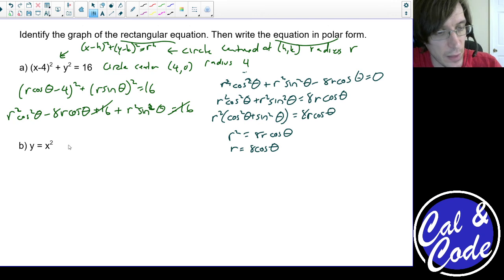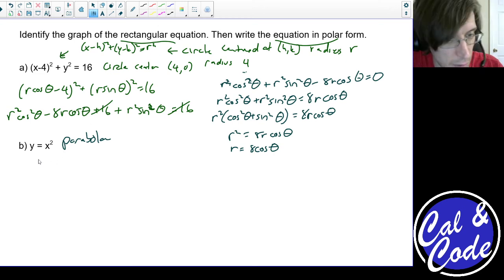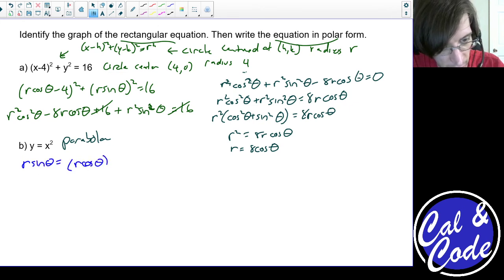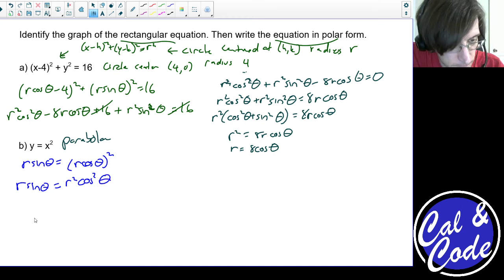All right, this next one, y equals x squared. Well, that's just a parabola. Everybody is fine with that. All right, so now we need to convert this. Well, again, y is r sine theta. x is r cosine theta, and it's going to be all squared. So we have r sine theta is equal to r squared cosine squared theta. If I divide both sides by an r, that leaves me with sine theta is equal to r cosine squared theta.